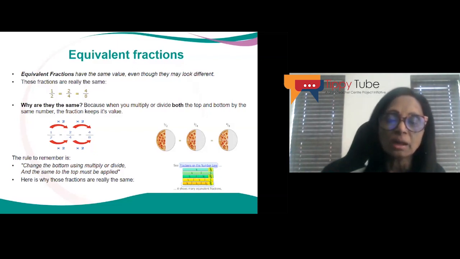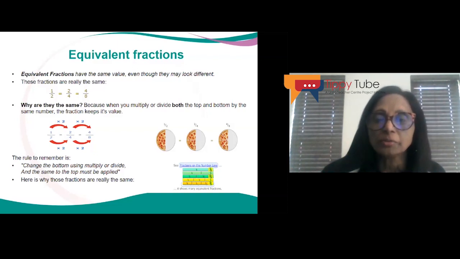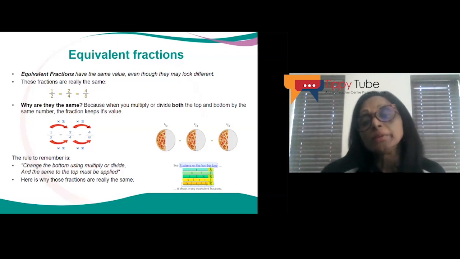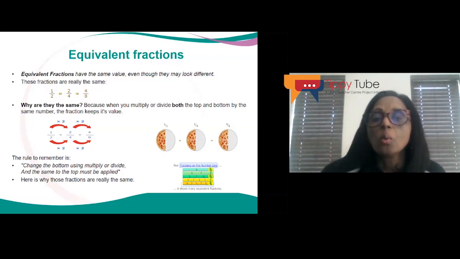Let's look at the diagram alongside the fraction. There you see 1/2 of the pizza, and then you see 2/4 of the pizza, and then you see 4/8 of the pizza. Can you see that all of them are equal size, but written differently?